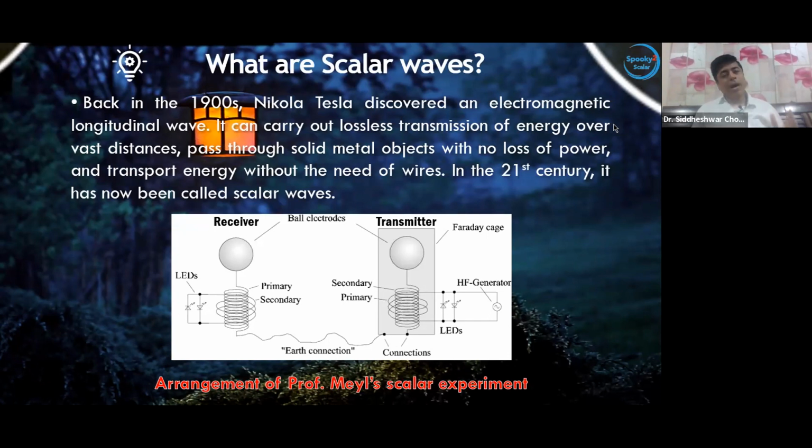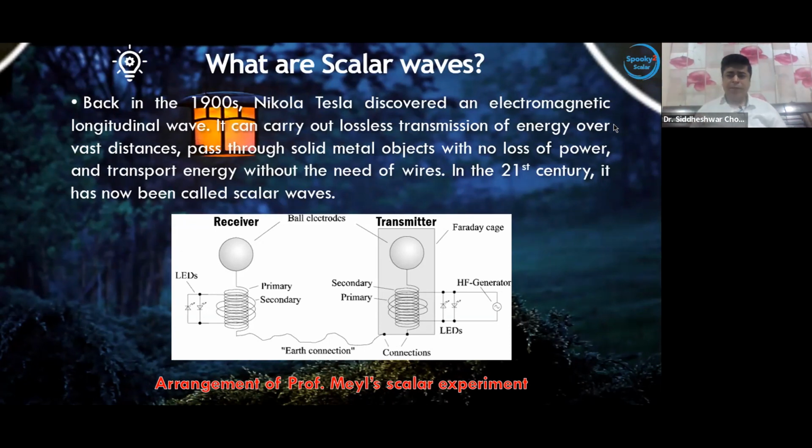It could even pass through solid metal objects with almost no loss of power, and could transport energy without the need of wires. That is where scalar waves became popular. Now, in the 21st century, those longitudinal waves are called scalar waves.